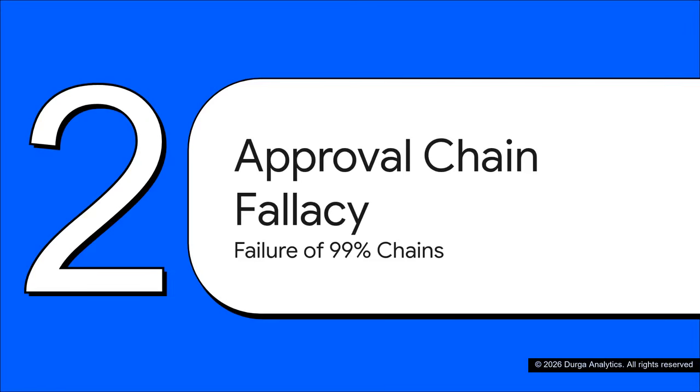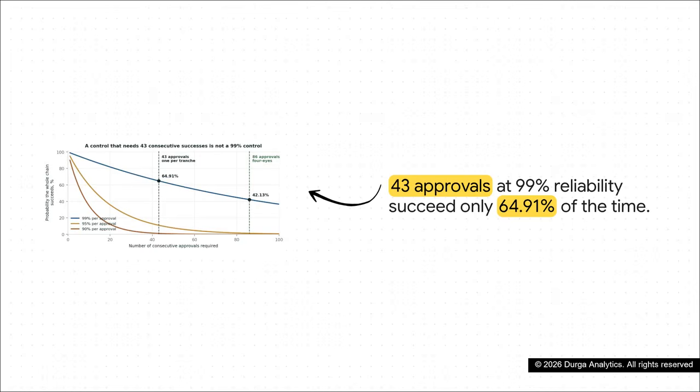Let's move to Section 2, the approval chain fallacy. This is where standard corporate intuition completely falls apart when designing risk controls. Let's just state this plainly. In our modeled reference case, closing our statutory gate under a standard granted authority of 1.2 million euros requires 43 separate consecutive approvals.